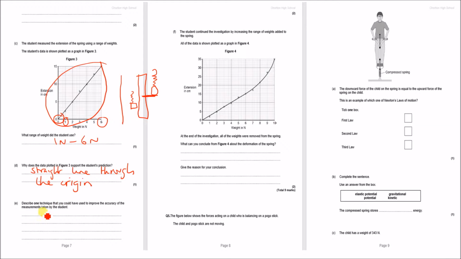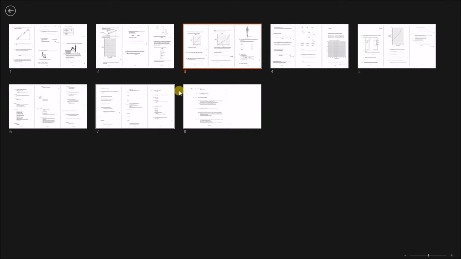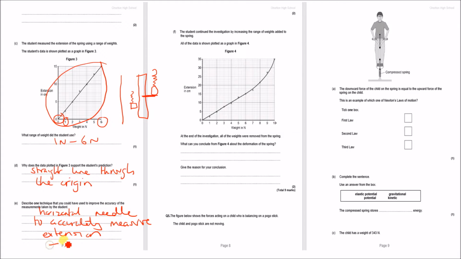Okay, so a horizontal needle to accurately measure extension. And the reason for this is because it goes across the scale. If this is the scale on the ruler, you can see that that would be going across the scale, so we get this exact point instead of having to guess where exactly that is on the ruler.